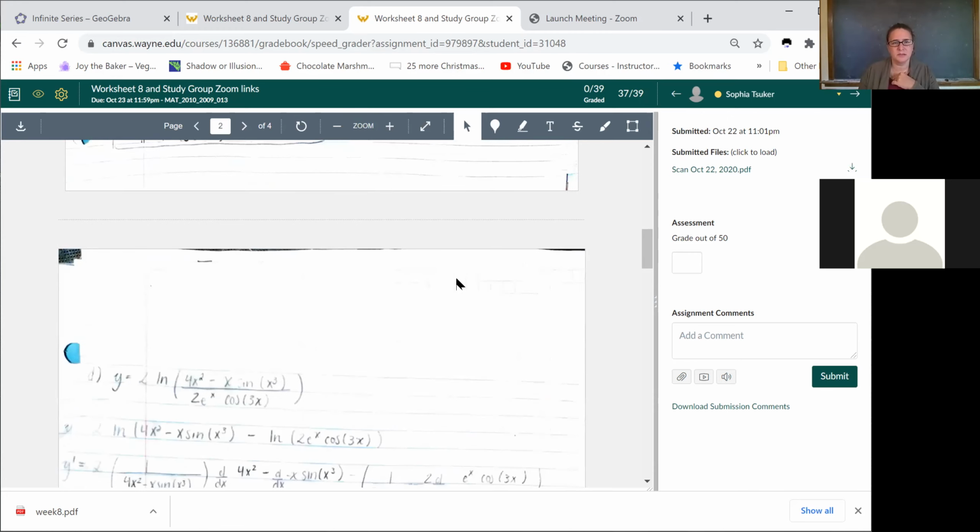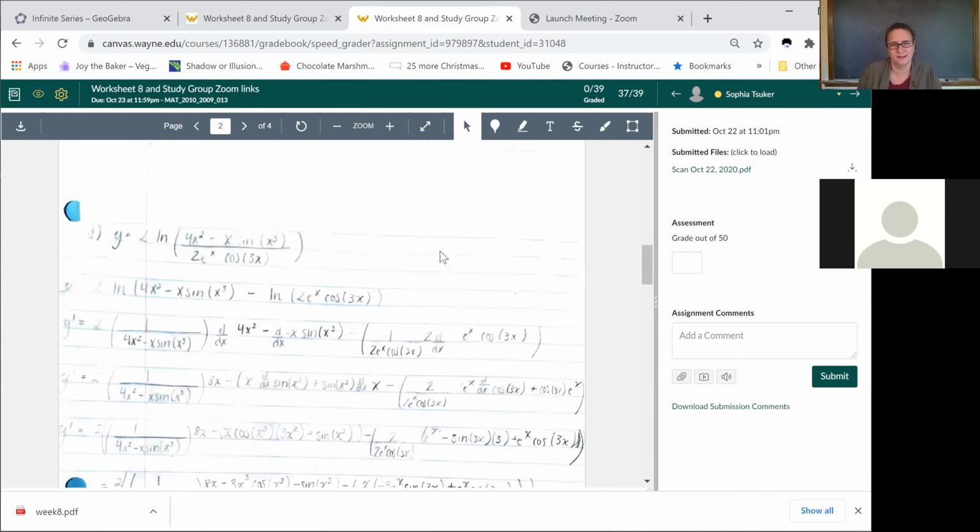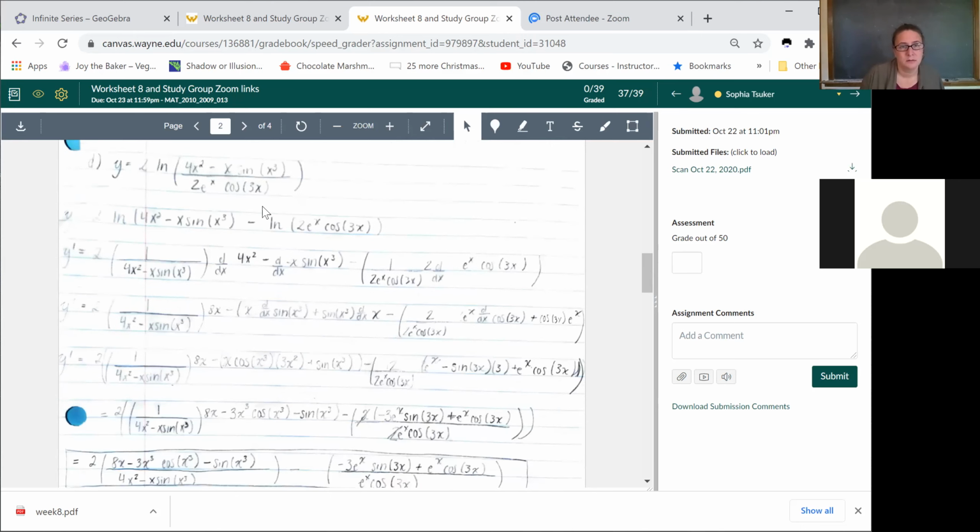Okay, this one is terrible. It's just not fun. Though if you do it this way, like she did, that's a good trick to make it a little bit easier to deal with. You do want a 2 here as well, because that 2 multiplies both of these.